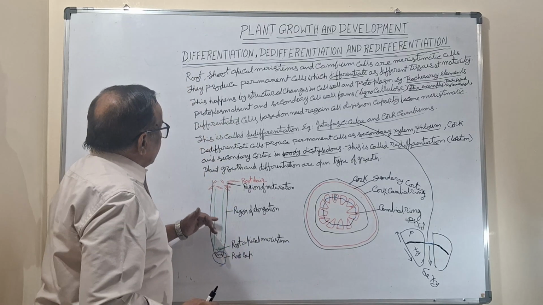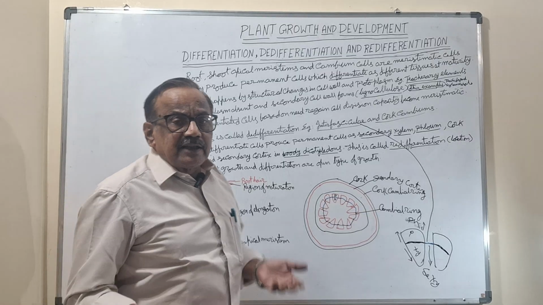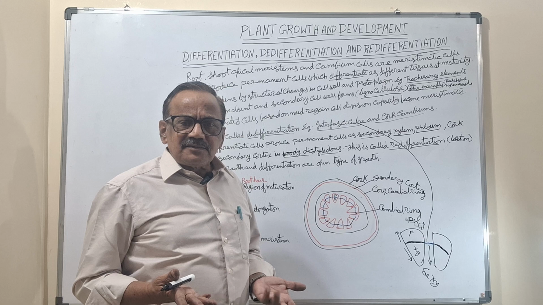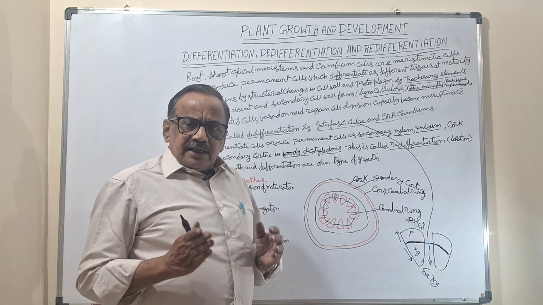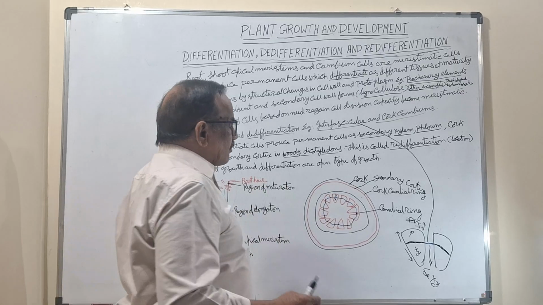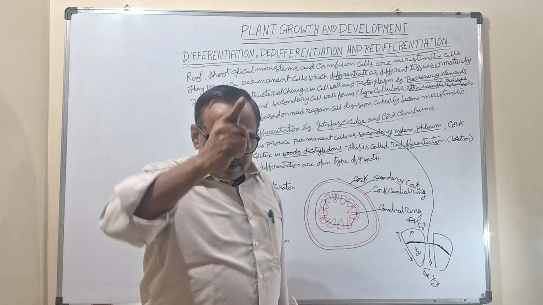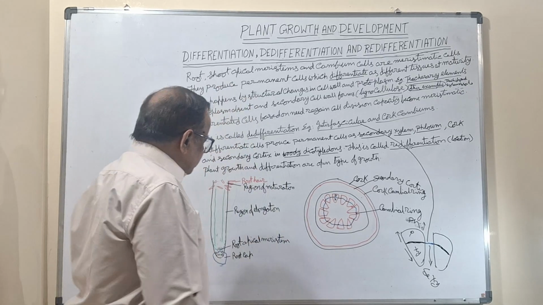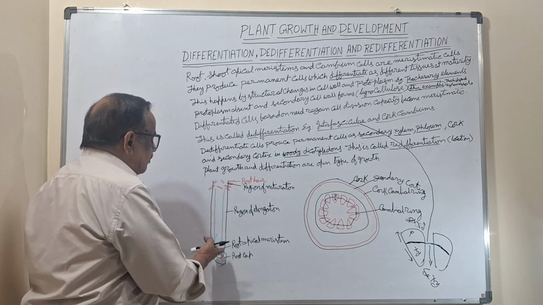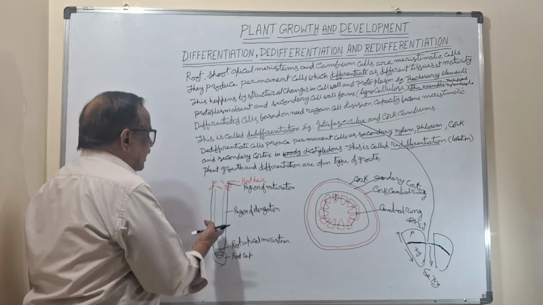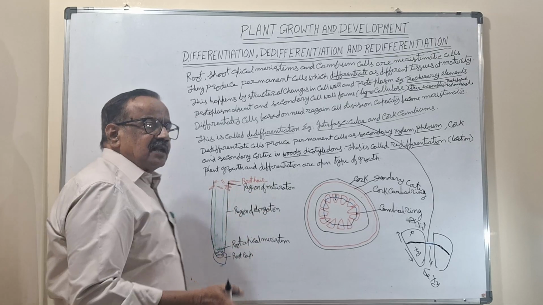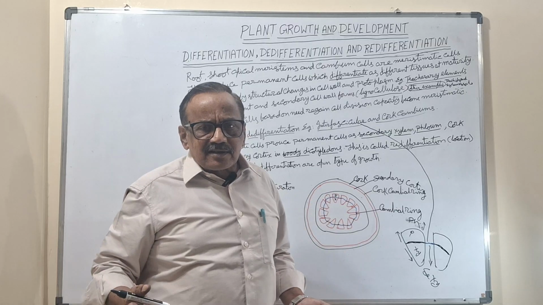Differentiation is open type means that whenever cells come, they naturally get differentiated into different tissues. If we are given the statement that growth and differentiation are open type, that statement is correct, because lifelong cells are arising, crossing the region of elongation, entering the region of maturation, and differentiation takes place.